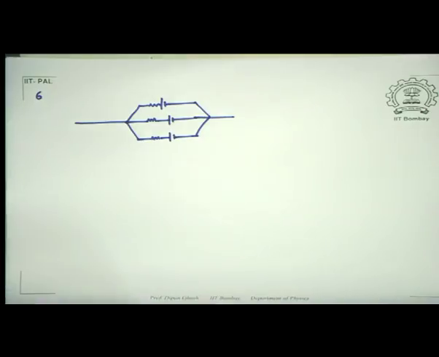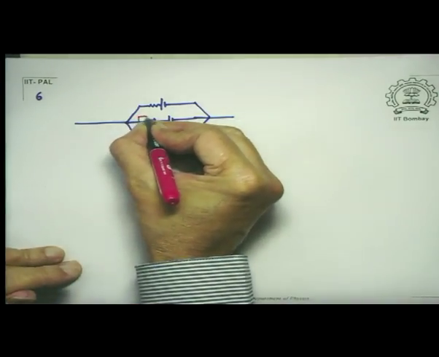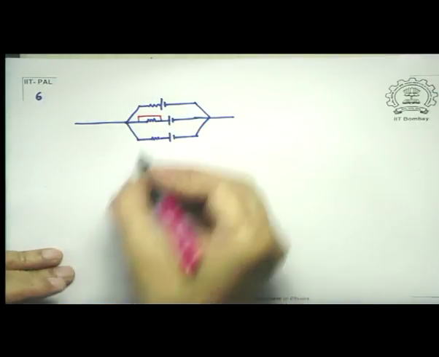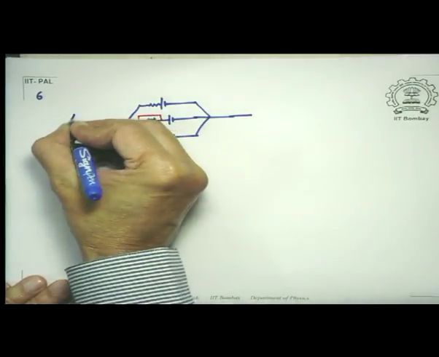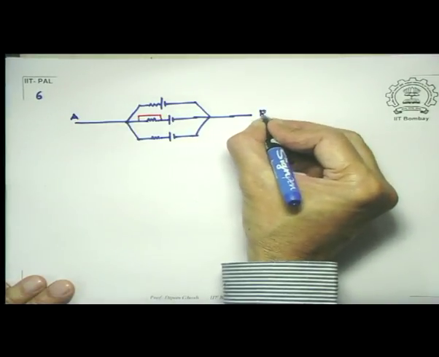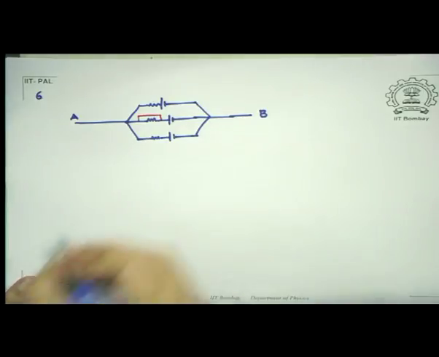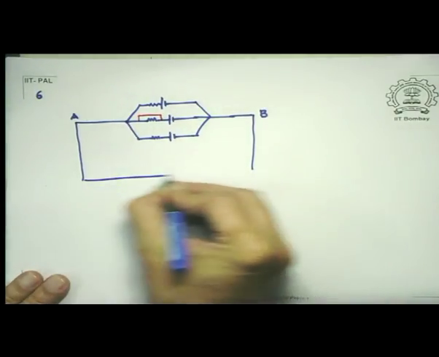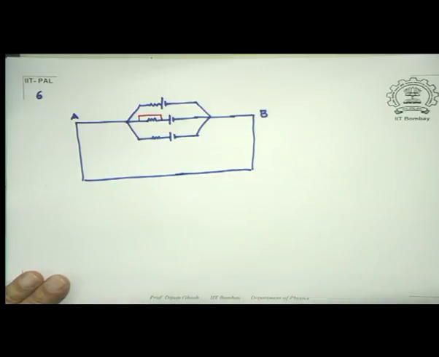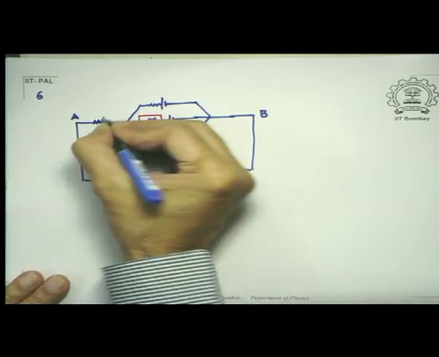Okay, so basically what we have said is the following, that supposing you did this, so that this resistance is effectively removed from the circuit. And not only that, till now I discussed a circuit which was open, but let me also connect A to B. There is a resistance here, which is 1 ohm.